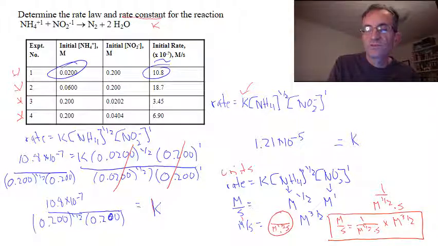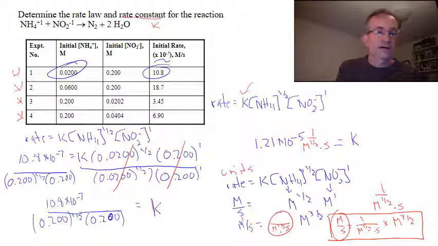So my seconds would stick around. The 3/2, and you're dividing, so you subtract a half. That leaves you 1 left over, and that matches. So the units on K would be 1 over molarity to the half power in seconds. All right, so hopefully that helps you out. That can be a little confusing, but once you get the hang of it, hopefully it won't be too bad.